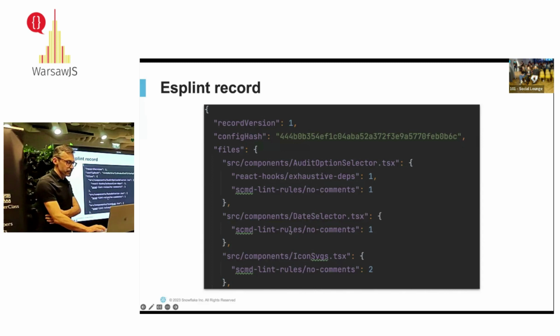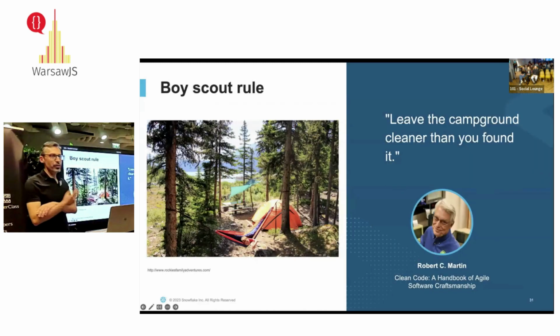But ultimately you want to get better, right? You want to fix those rules, all the warnings and errors. And how to do this? We have two ideas for this. One is called optimistic refactoring, also known as the Boy Scout rule from Uncle Bob.